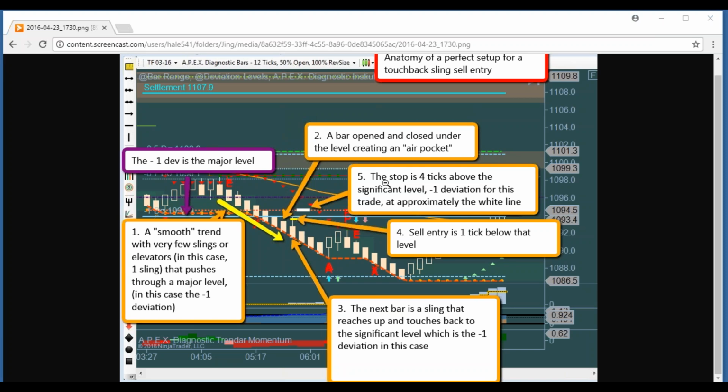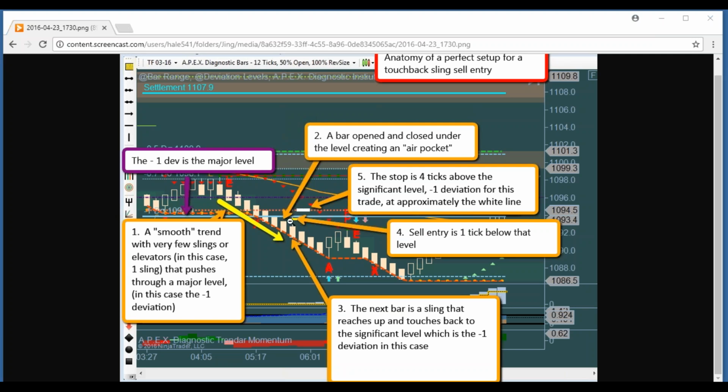And then where's my stop? The stop is 4 ticks above the level, right up here. How big of a stop loss do I have on this order? 5 ticks. Does everybody get that?